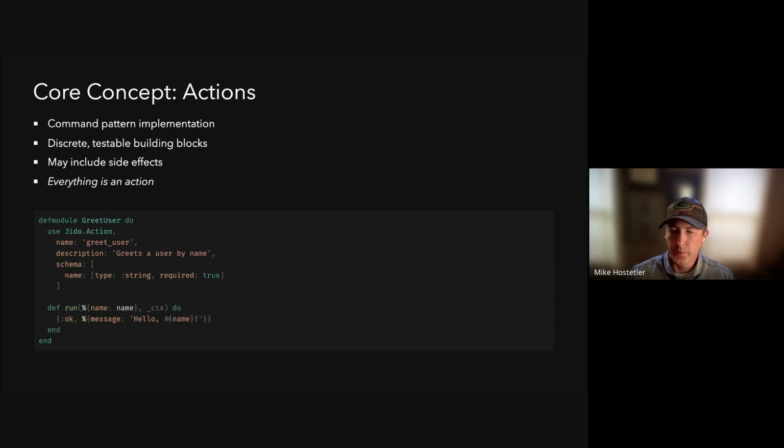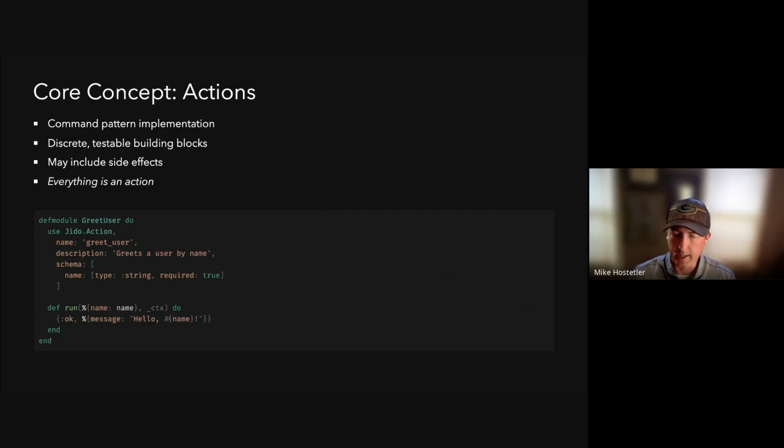There are a bunch of extra features here that we're not going to go into. You could obviously run, it's just a module, GreetUser.run, and you can run that action directly. There is another tool that ships with Jido: when the action is executed by the agent itself, it is executed by Jido.Exec.